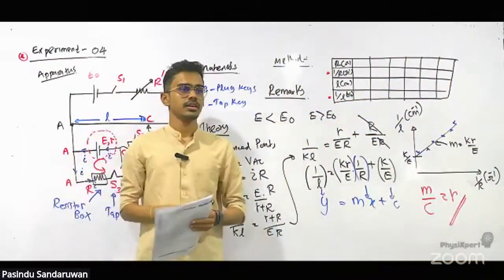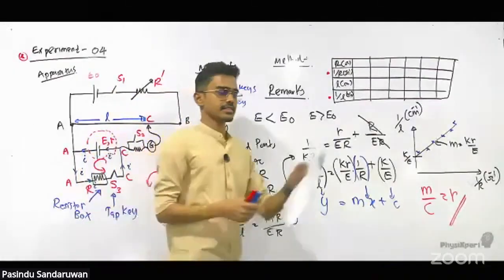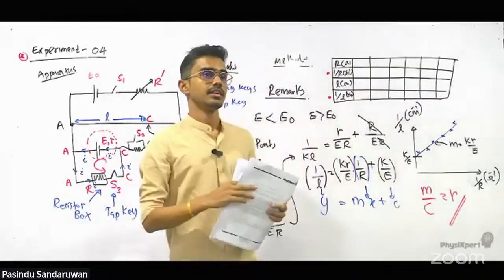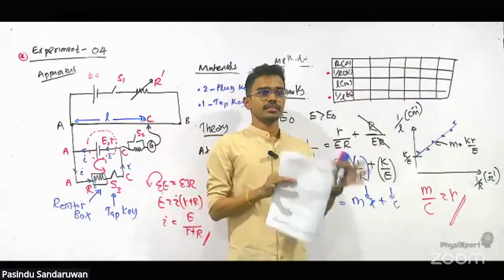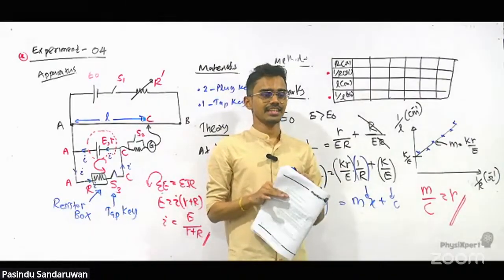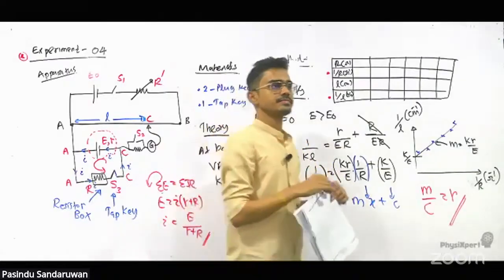That's it. Any questions? Now check what we have done from the beginning, and with this we mark the end of the electricity practicals. After this I'm going to take the properties of matter.